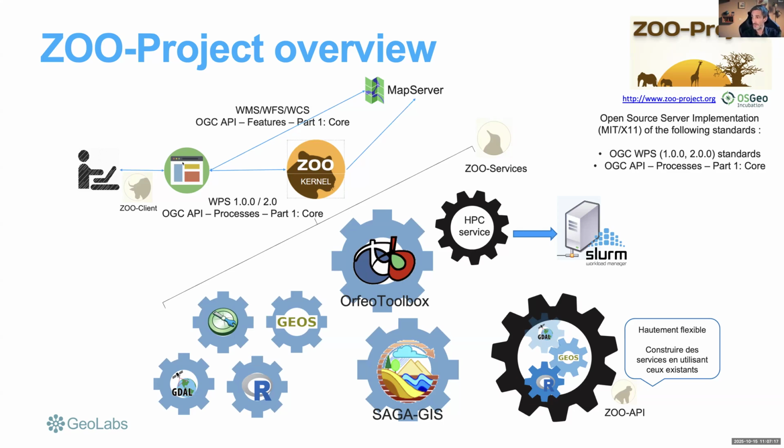Also, along the way, we have implemented what we call the ZOO API, which is a JavaScript API that can be run on the server side. Using this and internally enabling invocation of C functions from the JavaScript world, we enable the complex chaining of services, as you can see on the bottom right of this slide, where we can, for example, chain GDAL with GEOS libraries and invoke R for outputting some spreadsheet, for example, or some histogram.